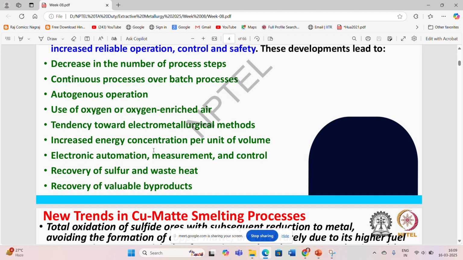Then they are recovering valuable byproducts, like H2SO4 acid from sulfur gas. They are trying to recover the precious metals from the anode sludge of the copper produced during the electrometallurgical processing. Then they are trying to extract different metals present inside that copper ore as impurities.